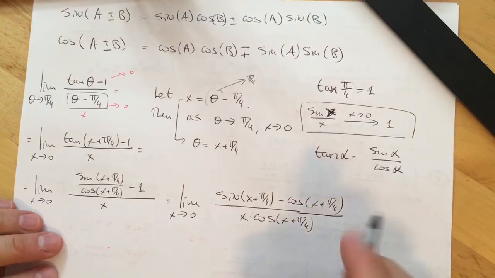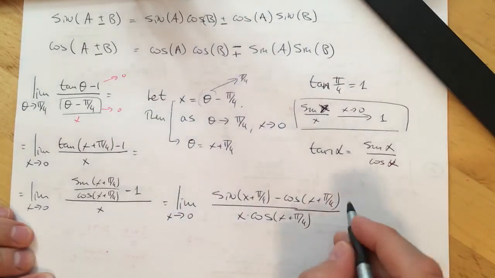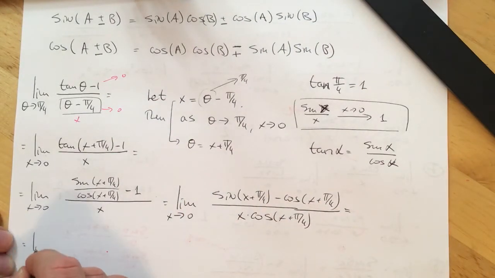So in order to deal with the numerator, I'll use these two formulas. So this is equal to the limit as x goes to 0.